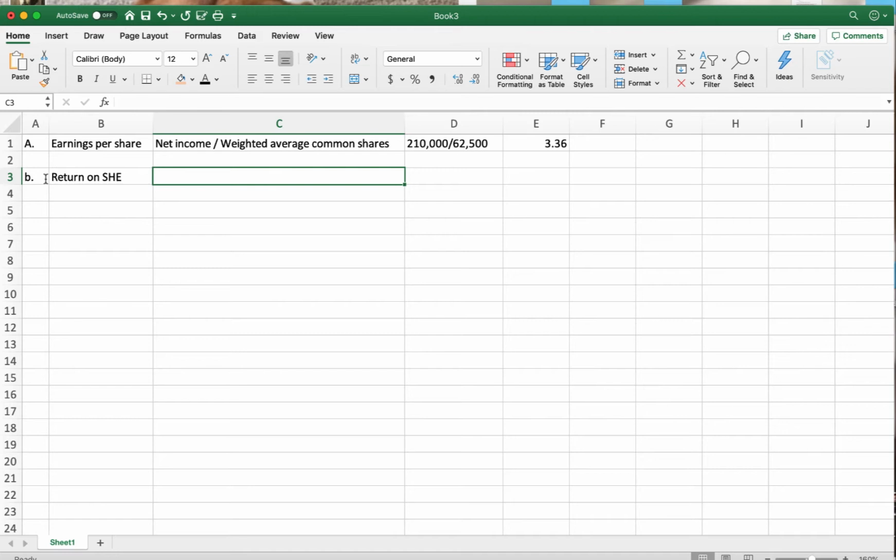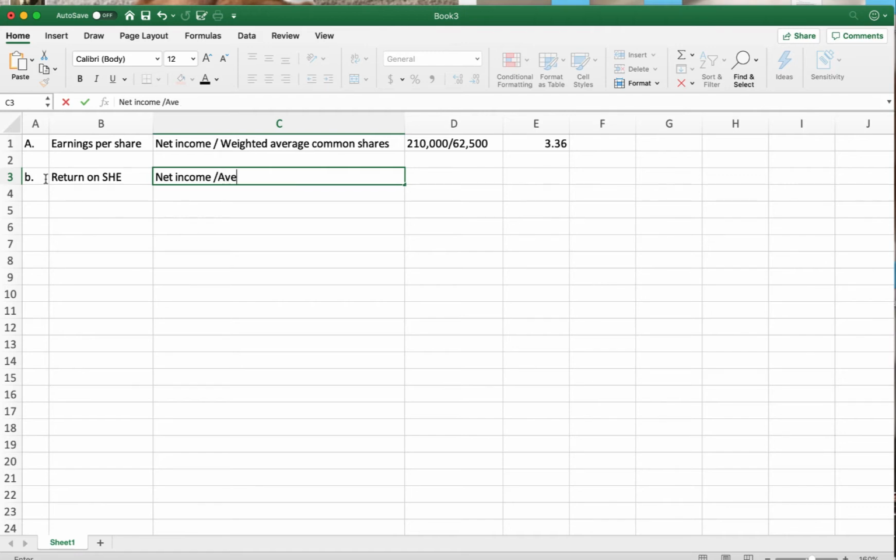Well, again, I either know it by rote memorization, or I can just look it up on my PowerPoints. So we see that the return on common shareholders' equity is calculated by taking the net income, and we have to divide that by the average common shareholders' equity.